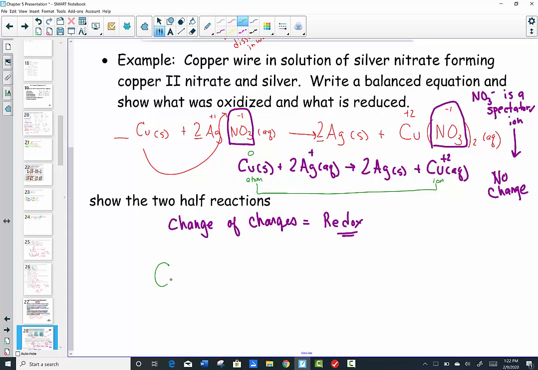So the half reaction of copper would show copper as a solid forming a copper +2 ion and the loss of 2 electrons. You see how this is electrically balanced? +2 and 2 electrons creates a neutral charge overall. This is an oxidation half reaction.